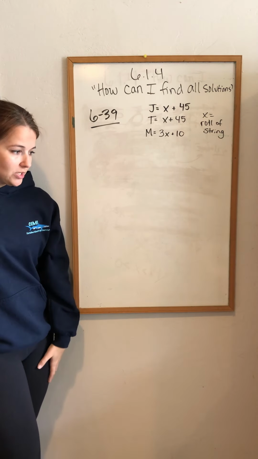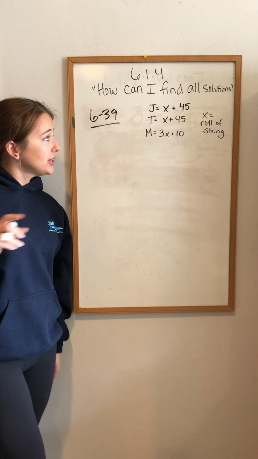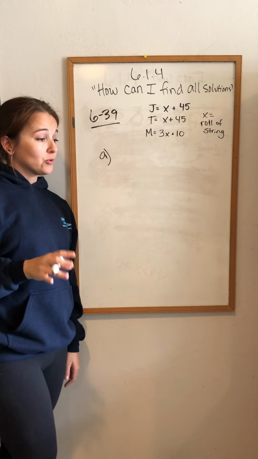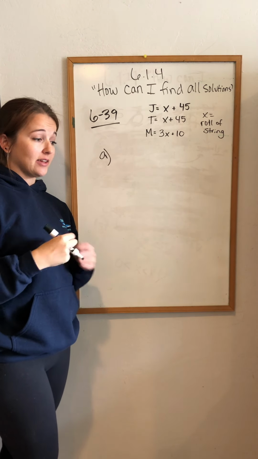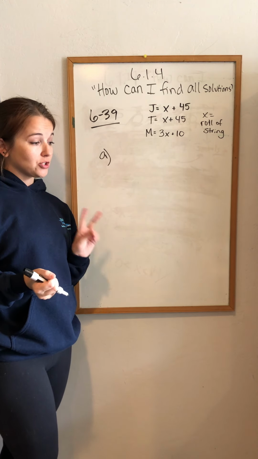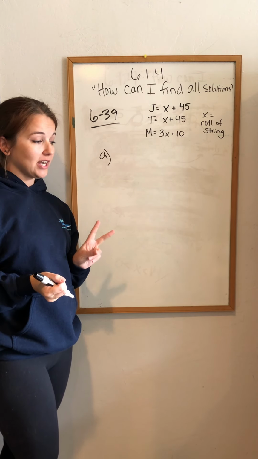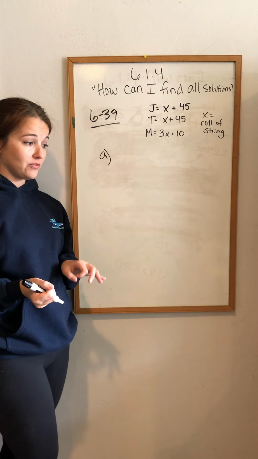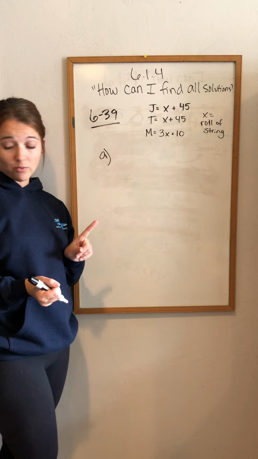Okay, so part A says, since Jordan and Terry have fewer rolls of kite string, they decide to tie their string together so their kite can fly higher. Write at least 2 expressions to show how much kite string Jordan and Terry have. Let x represent the number of yards of string on 1 roll.